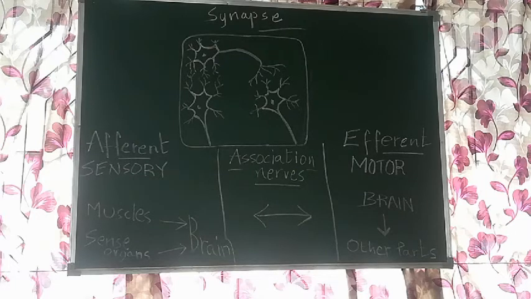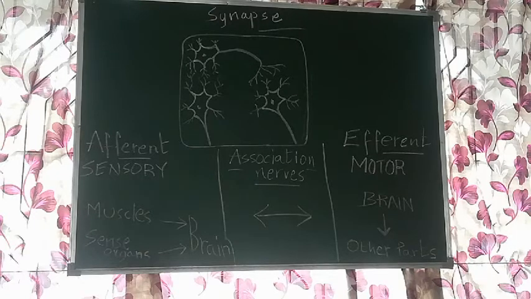Now let me tell you, I have seen something very scary or frightening. My sense organ, the eye, relayed the sensory information to the brain, through afferent or sensory neurons.